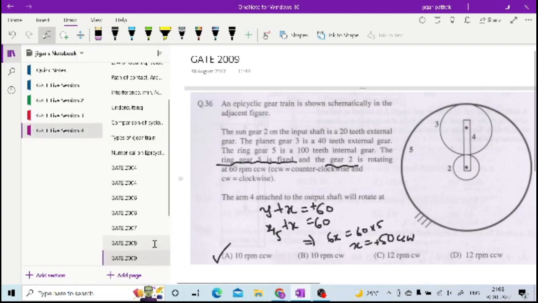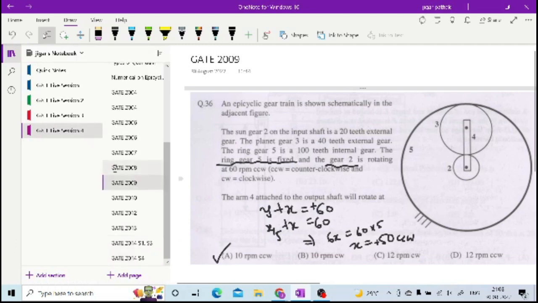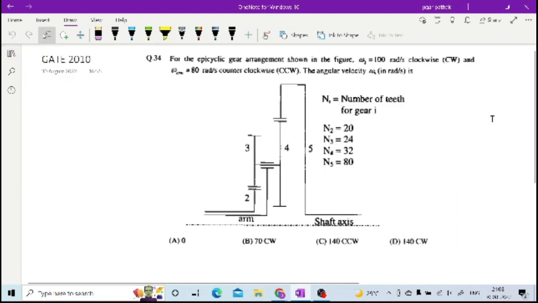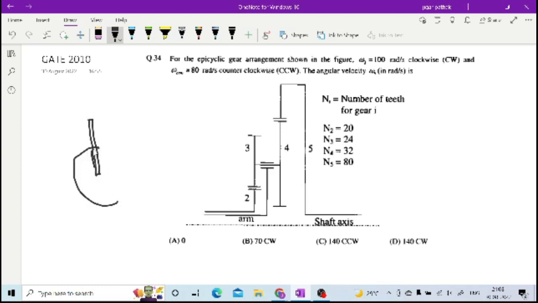Now the next is this one. Here again the same kind of question is there, but they have provided a different view. So first you have to make a view in which it is more visible which gear is in connection to which gear, and how internally and externally meshed they are.